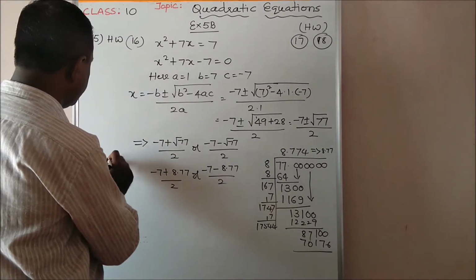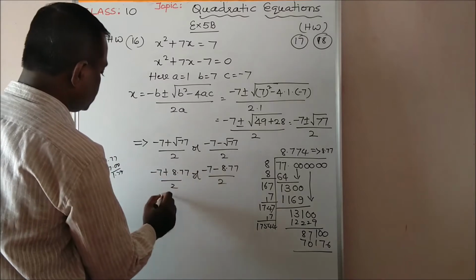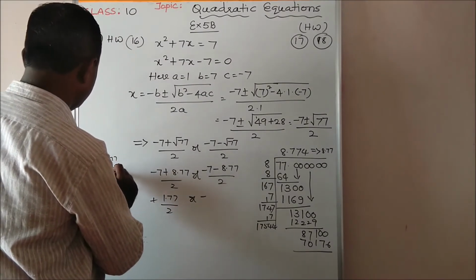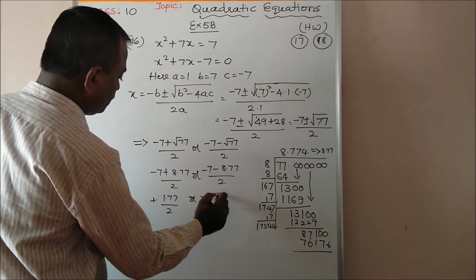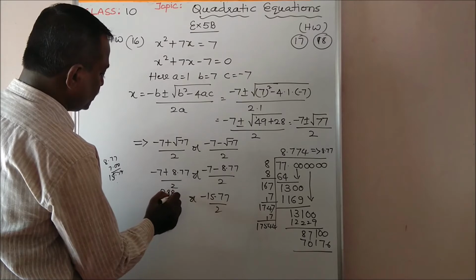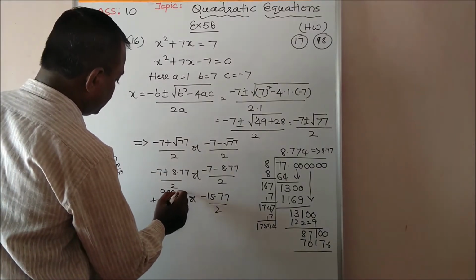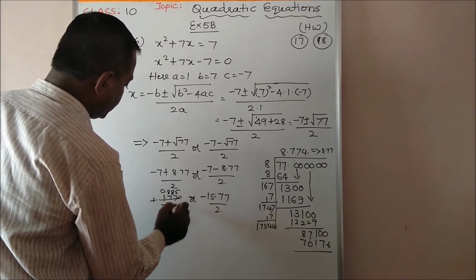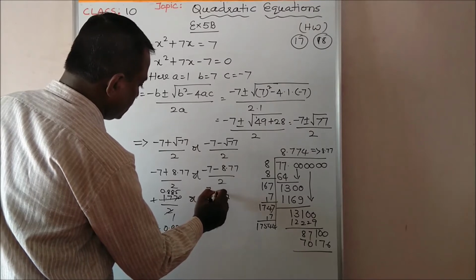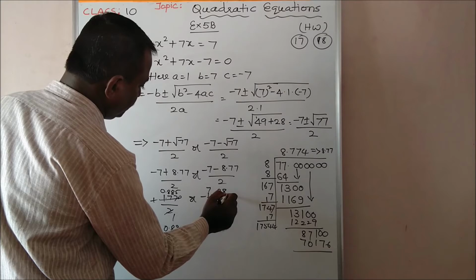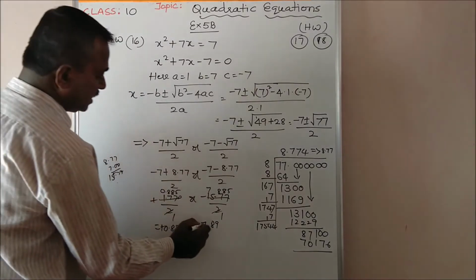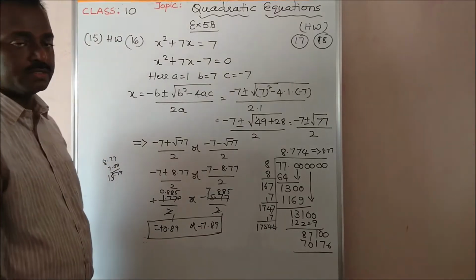So now we have to subtract: 8.77 minus 7 is 1.77 by 2, or you have to add: minus 15.77 by 2. 2 ones are 2, 2 8s are 16, 1 remains, 2 8s are 16, 1 remains, 2 5s are 10. So 0.89 or minus 7.89. So these are the two roots of the equation. So note down this.